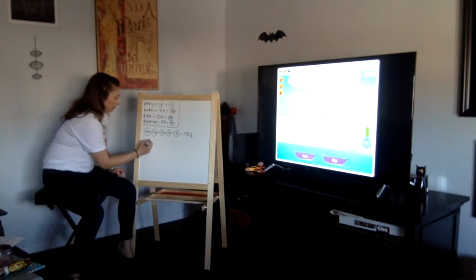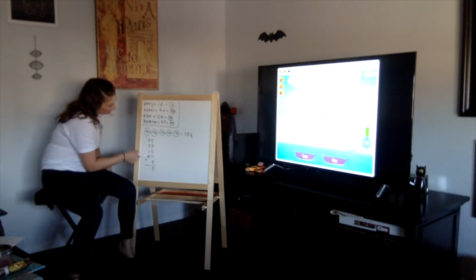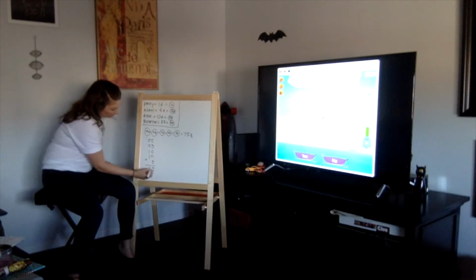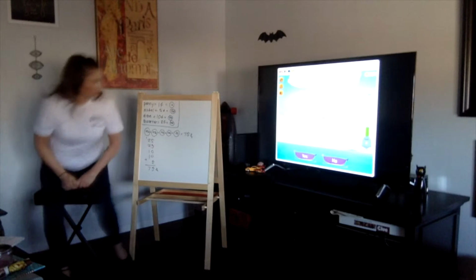So instead of drawing, we can write 25, 25, 10, 10, and 5. 5 plus 5 is 10, 15. We're going to carry our 1, 2, 4, 5, 6, 7. Okay, so that adds up to 75 cents.